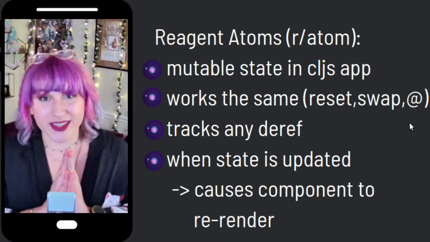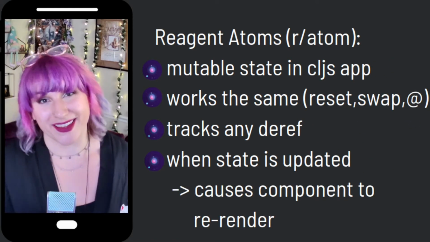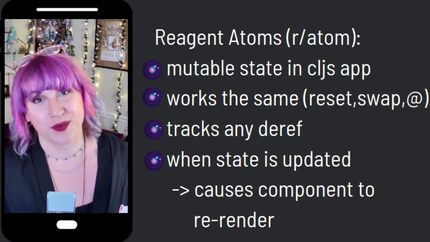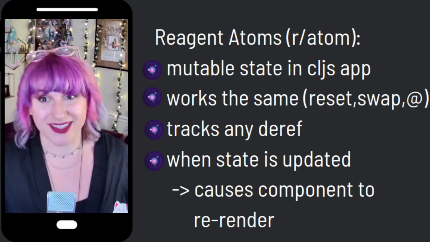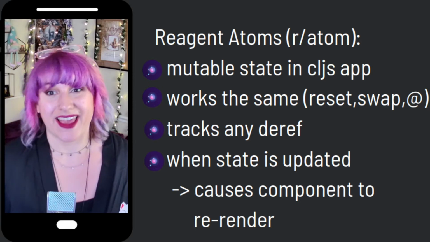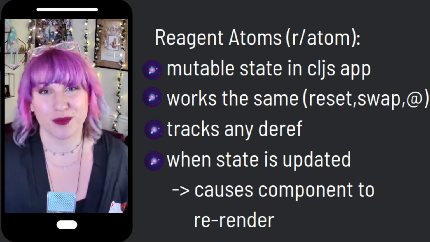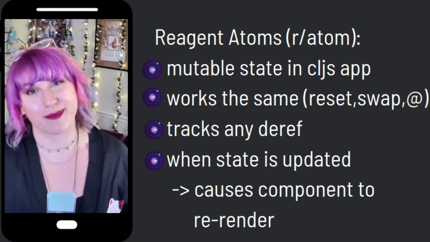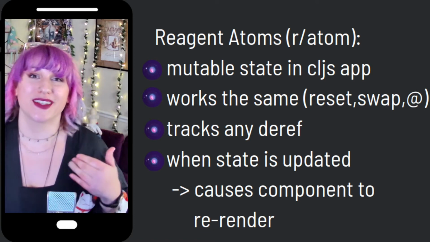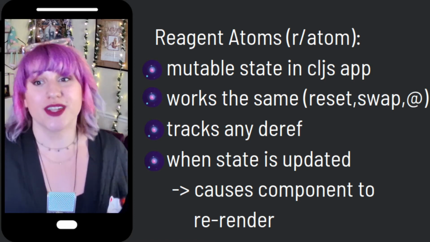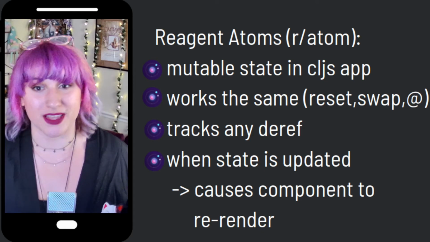So what I'm really excited to speak with you about today is Reagent atoms. We call this using r/atom. And this is how you deal with immutable state in a ClojureScript application. It works exactly the same. You can use reset!, swap!, you deref it using the @ sign.